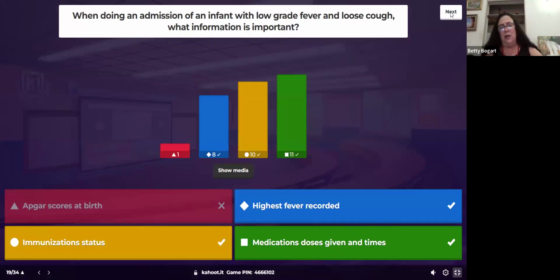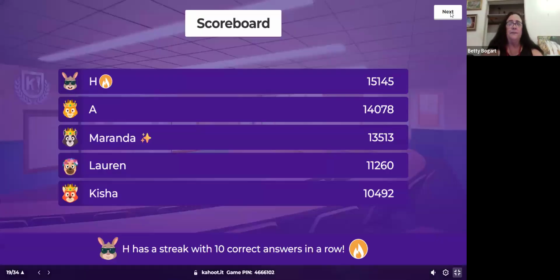Number one, I want to know their immunization status. Is this pertussis? Is this RSV? I need to protect myself and all my other patients around me. The things that I need to know for nursing care, I need to know what the fevers are, how high they've gone. Also, when did you give the last doses of medicine so I can continue? You don't really need the APGARs at birth because we're just dealing with right now what is the problem at the current time.